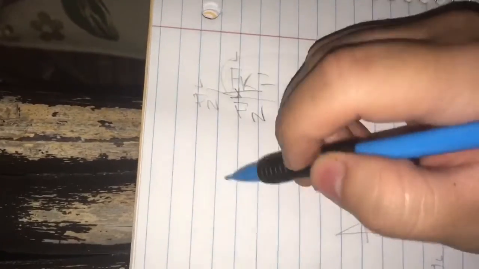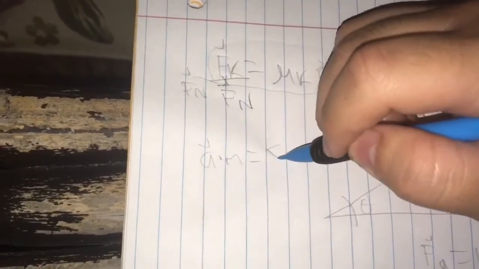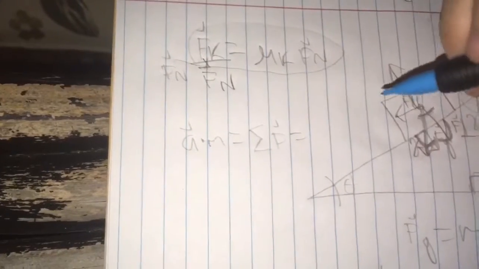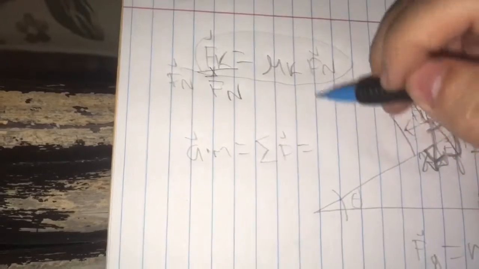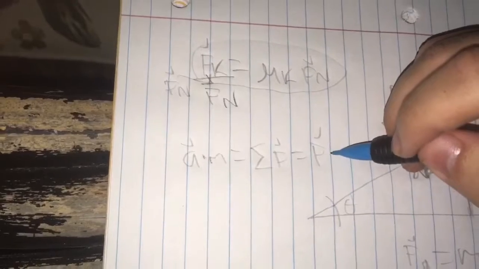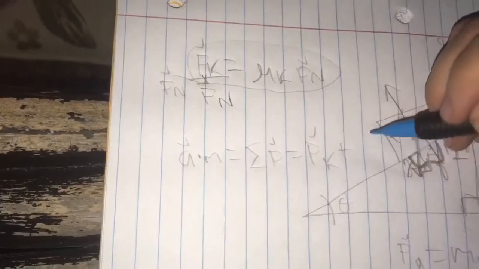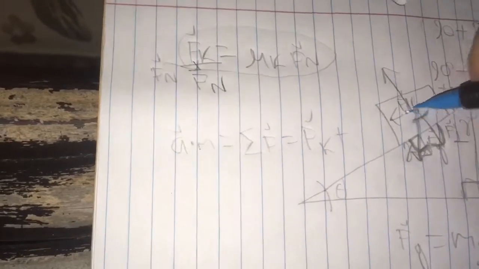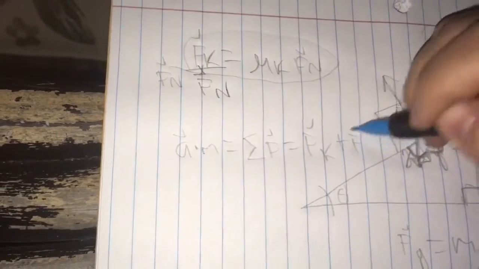So let's say we want to solve for acceleration, like I was just saying. We must know that acceleration times mass is equal to the sum of all forces, which in this case is the kinetic frictional force, which is mu sub k times the normal force, plus this parallel force right here, which is just the sine of theta times the weight.